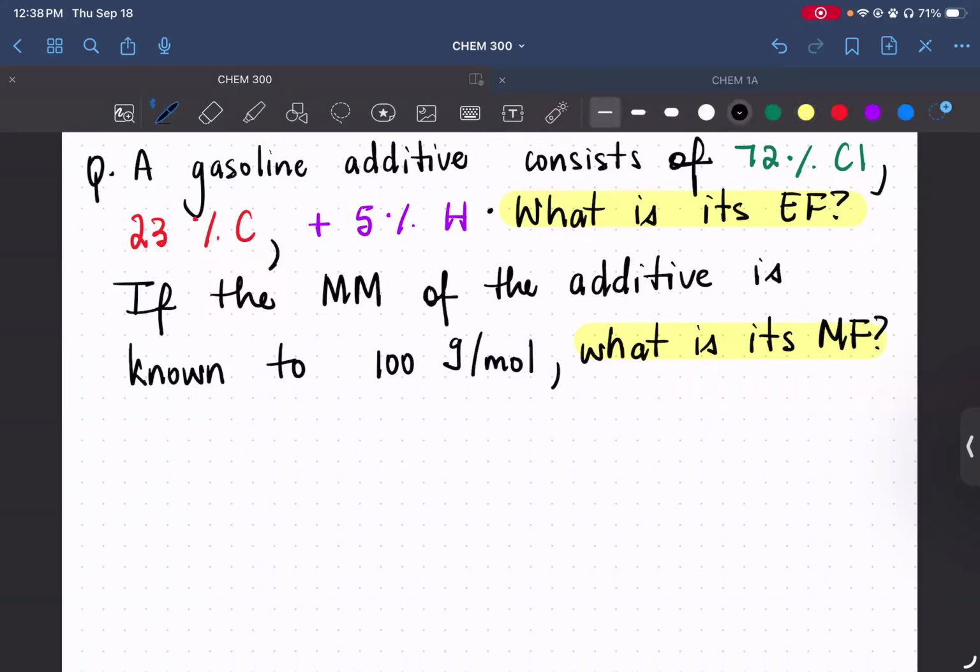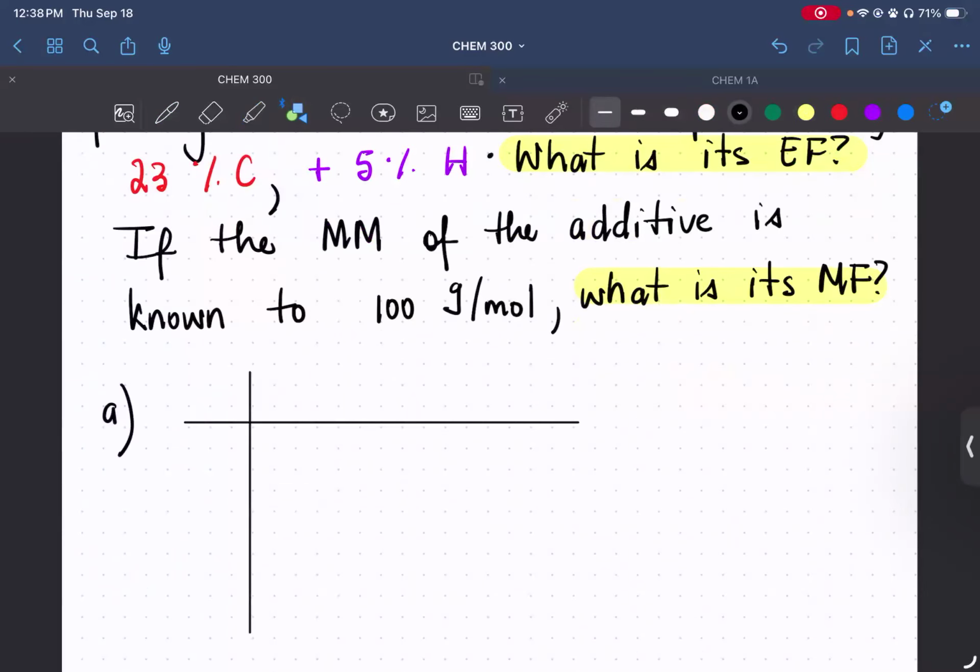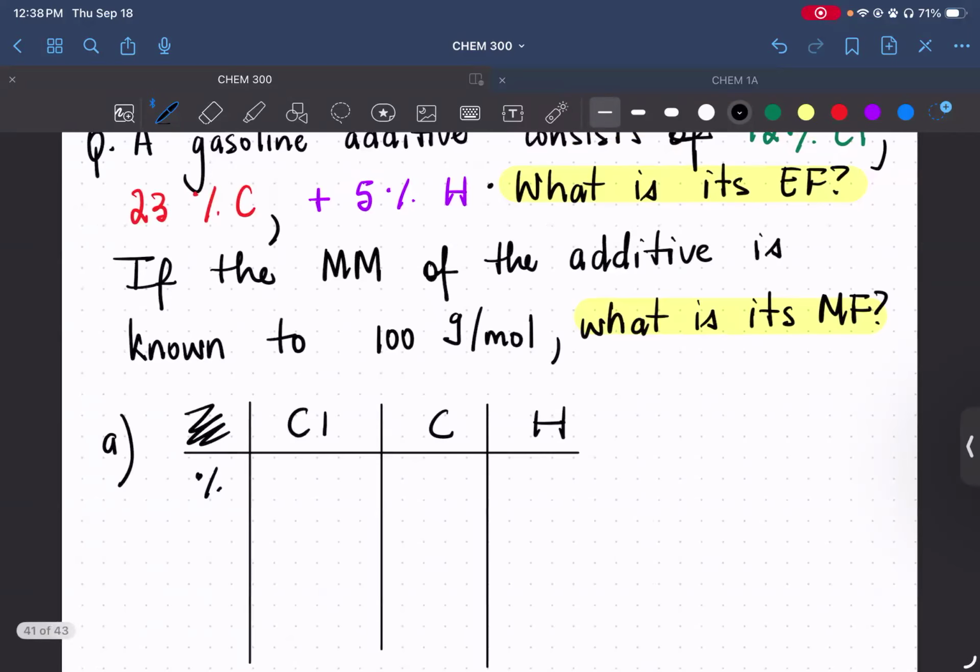Let's go in order. First we're going to calculate the empirical formula. To get that, we're going to draw our table. We're dealing with chlorine, carbon, and hydrogen, written in the order that the question gave me. There's no correct order. The very first thing is the percentages, straight from the question: 72, 23, and 5.